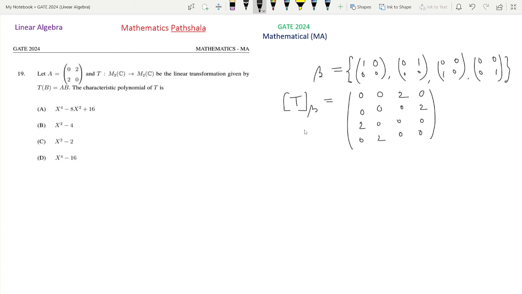Then we just have to find the characteristic polynomial of T. So if we take this as A, then we have to find the determinant of A minus xI. That will be this: minus x 0 2 0, 0 minus x 0 2, 2 0 minus x 0, 0 2 0 minus x.